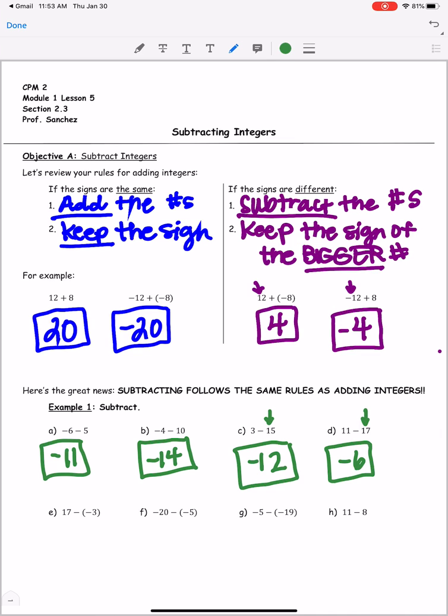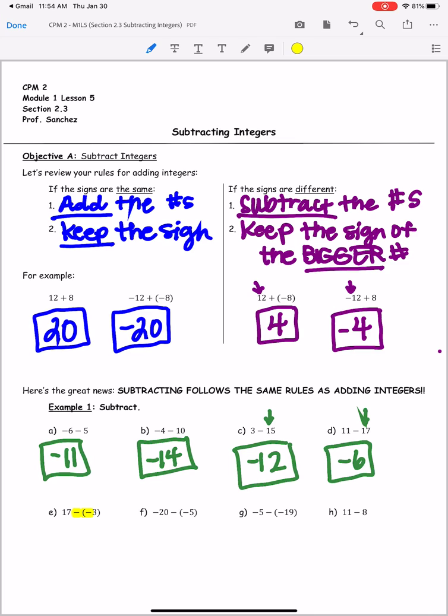Now, E is the same thing, but if you kind of notice here, I don't know if my highlighting tool is going to work. Let's see. Okay, if you notice here, you have a double negative. You've got minus a negative 3.